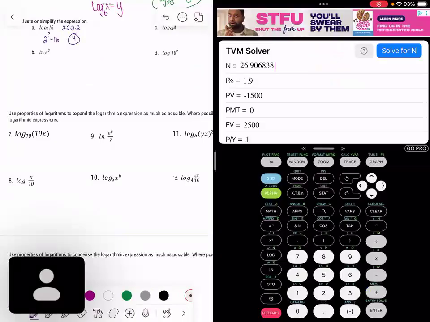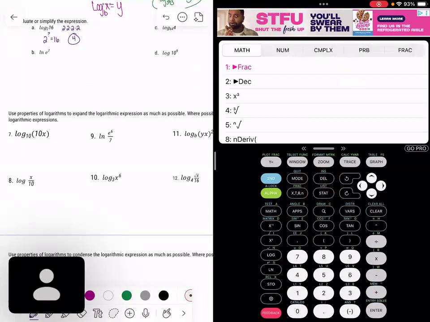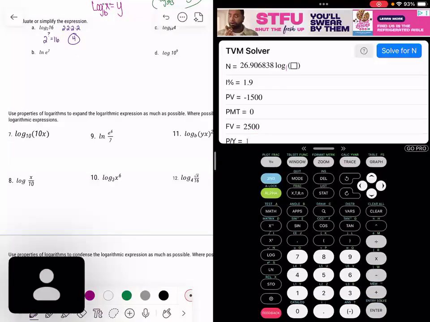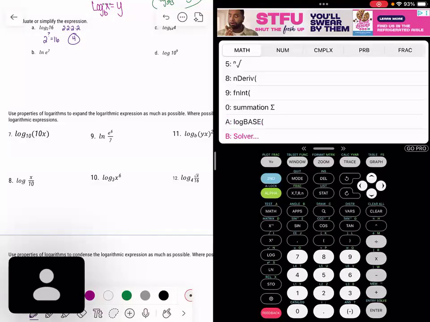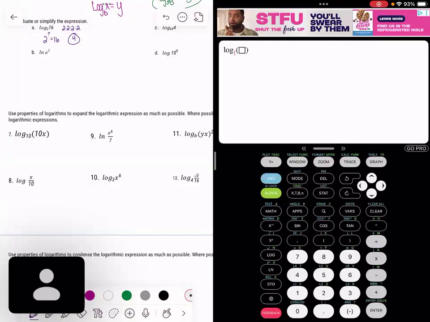We're going to go to math, arrow up to log base, oops, it's because I didn't quit out of the app, math, arrow up to log base 2 of the answer equals the exponent, which is 4, because 2 to the 4th is 16.